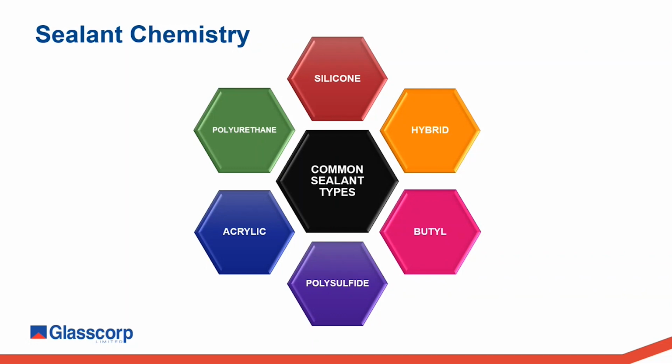Rubber-based butyl sealants, which are permanently elastic and have excellent resistance to water or gas penetration, a reason that they're also used in the manufacture of double glazed windows. A limitation of butyl sealants is that they have a stringier consistency, which can make them a bit trickier to apply. You have acrylics. So these are economical water-based sealants with good resistance to weathering.